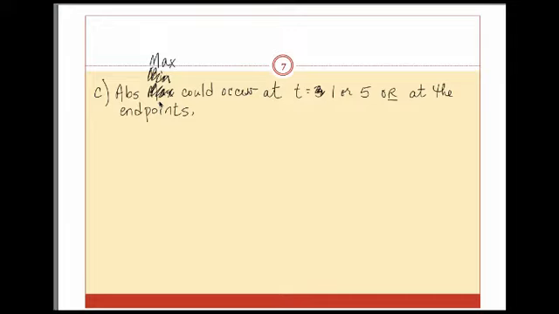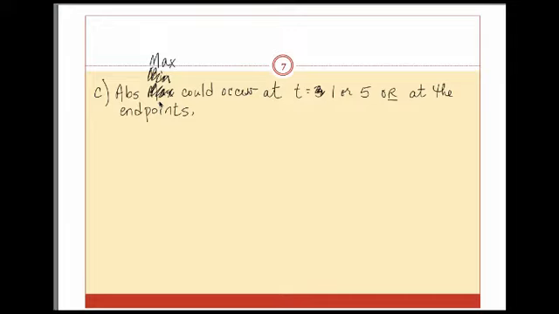But remember, we need to consider the endpoints. If we started at 0 and didn't go anywhere, we don't have any area, so it can't be 0. If you look at where this graph ends, it ends at maybe 5.5. But what's going to happen to your area as you start moving to the right of t equals 5? Up to t equals 5, there's definitely positive area.